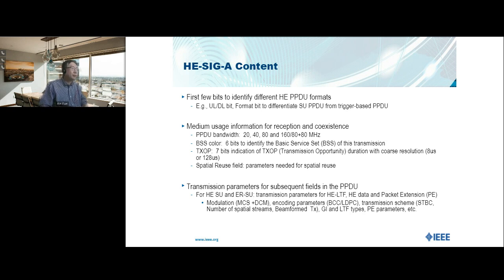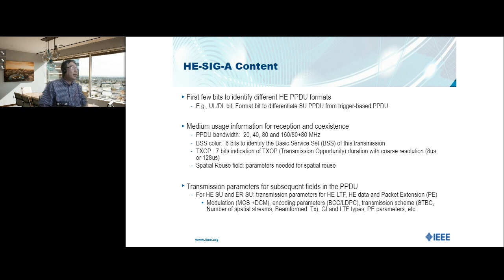The second part of the HE-SIG-A content is about coexistence, and also for the receiver to know the most important information about this packet. For example, the bandwidth: 20, 40, 80, or 160 megahertz. And also there is something called the BSS color.